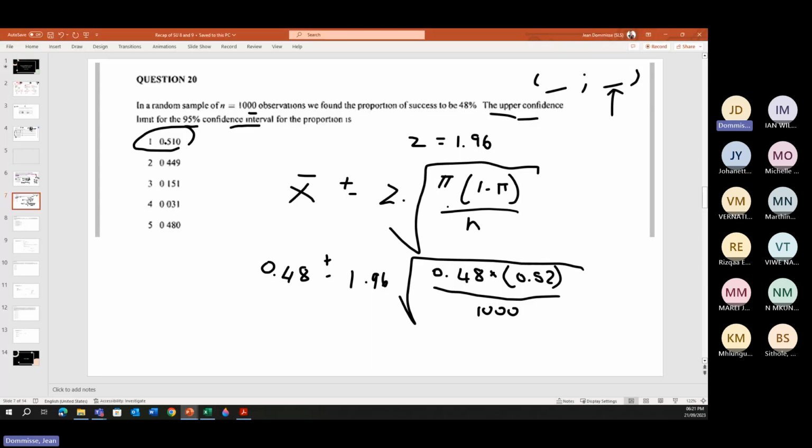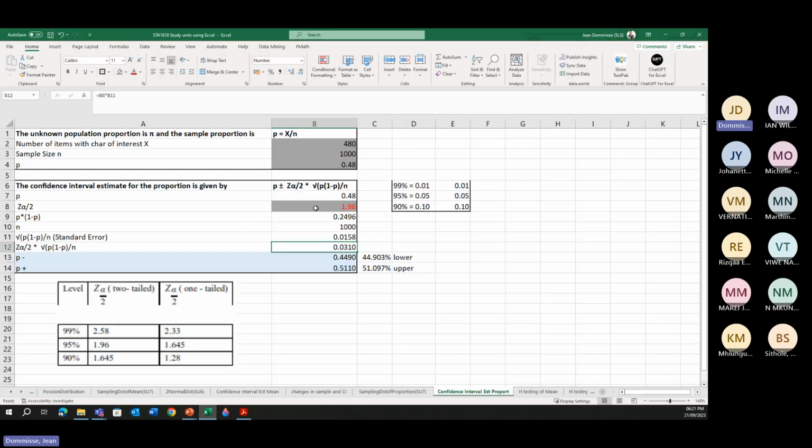It was in calculating all of these: the component where we said 0.48 times 0.52, the component where we divide and take the square root, and the component where we multiply by the 1.96.